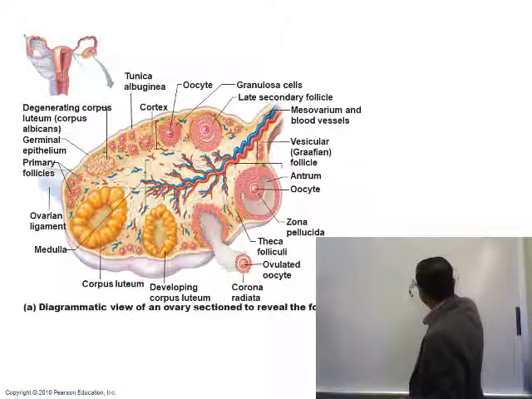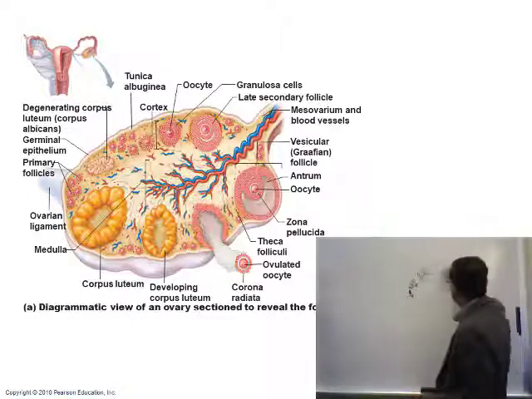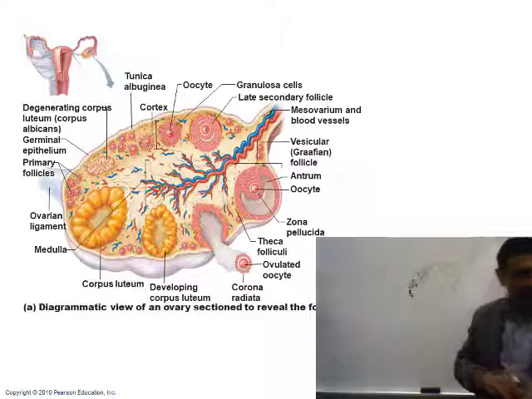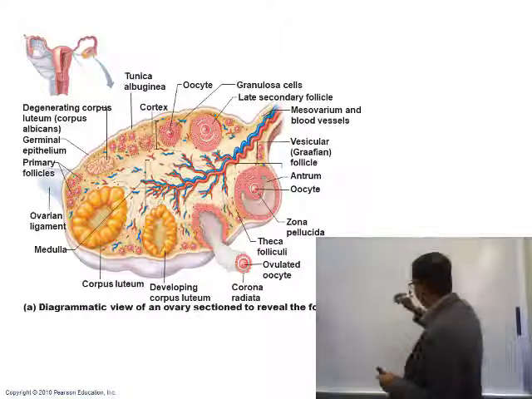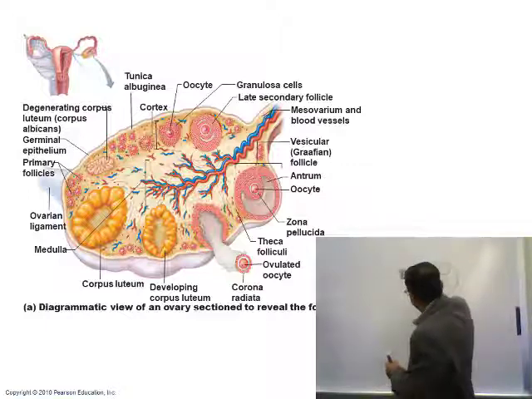And inside the follicle, you have what? You have the most important cell. Among other cells, you have one most important cell that is called the egg or ovum or oocyte.